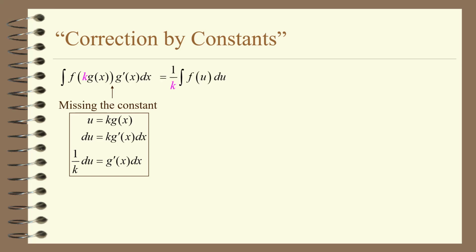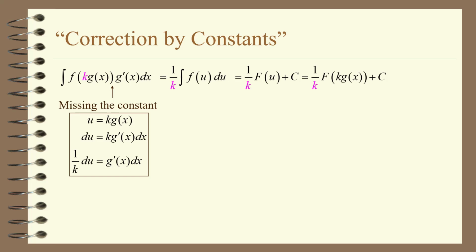Assuming we know that antiderivative is capital F, let's say, you would then get 1 over k, capital F of u, plus c. I could then go and replace u for what I know it equals, which is k g of x. That gives me an answer, 1 over k times the antiderivative of the outside. We don't change the inside, and we drop the derivative of g, and add c.